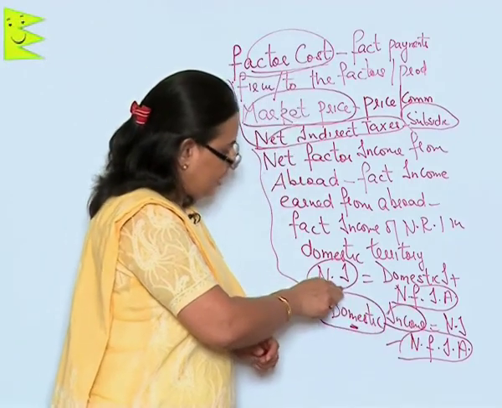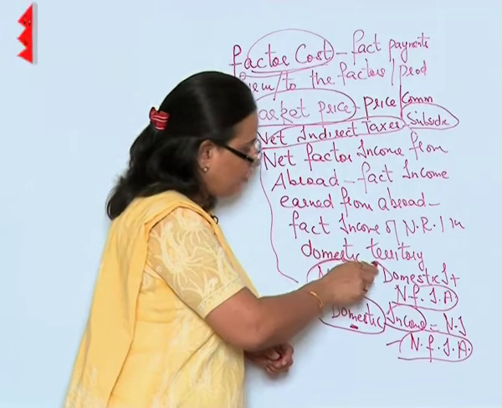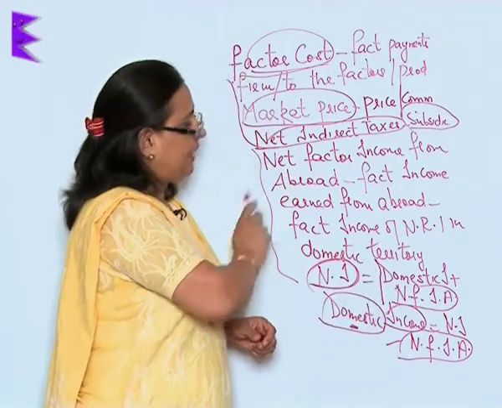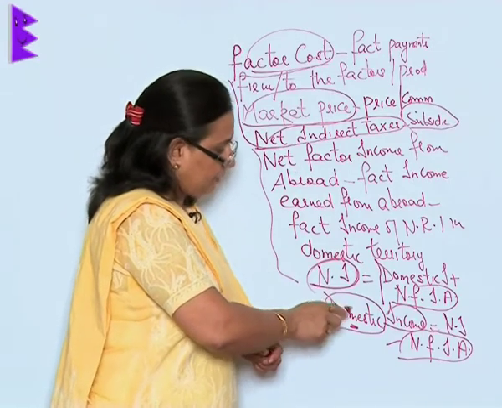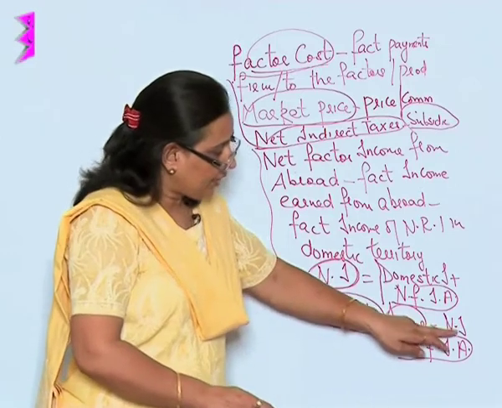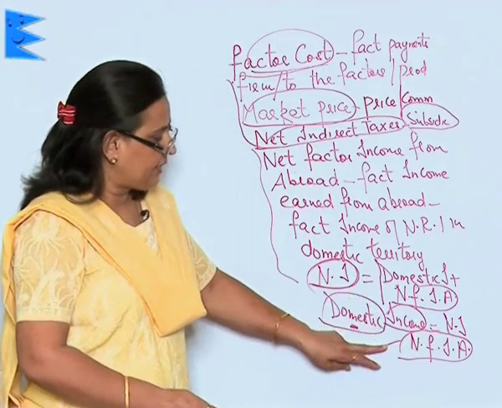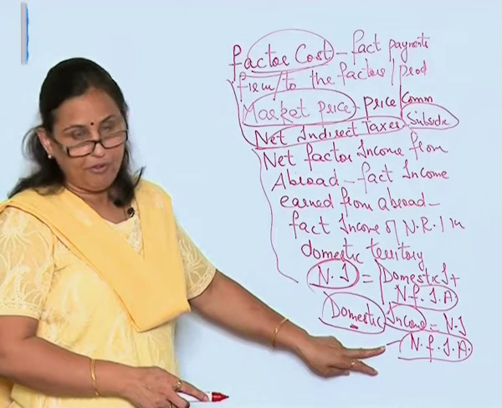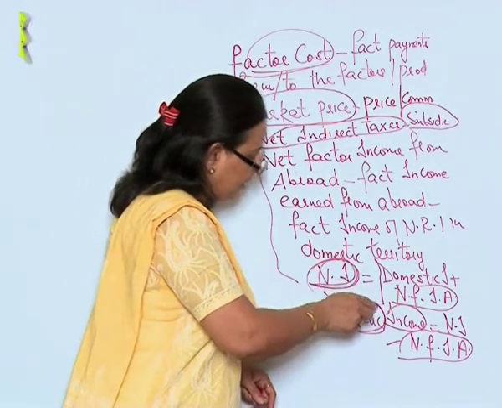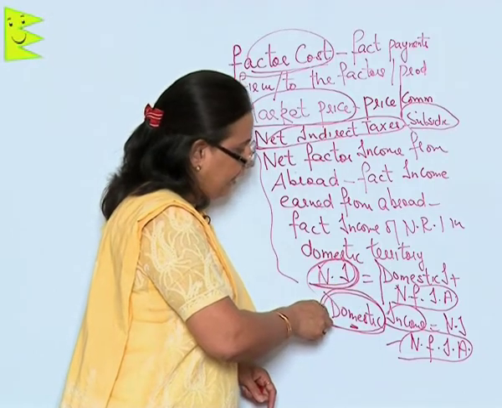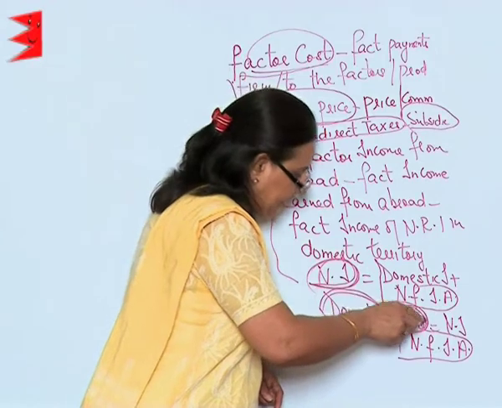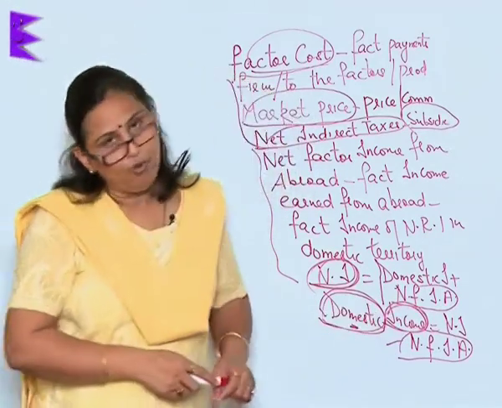Therefore, this national income, which is inclusive of both the domestic income and the net factor income from abroad, we calculate by saying national income minus net factor income from abroad. One has both the incomes, the other is calculated only on the income generated within the domestic territory of a country.